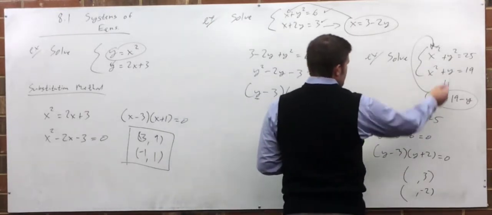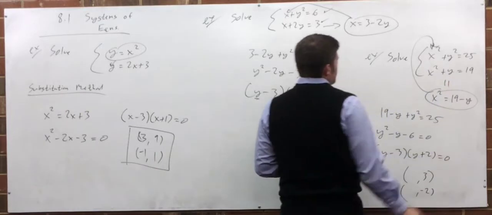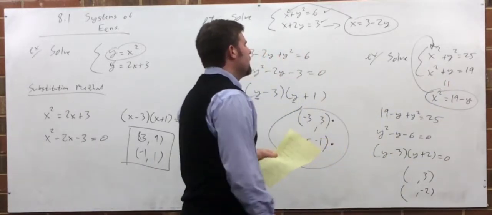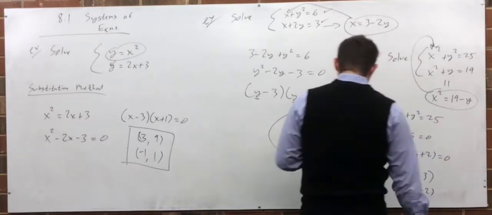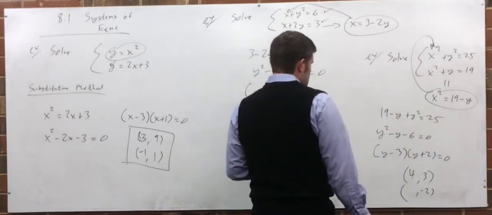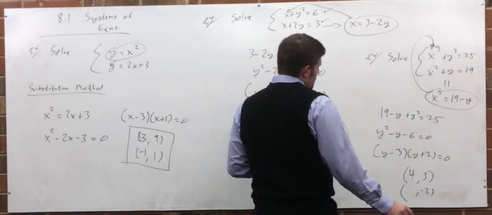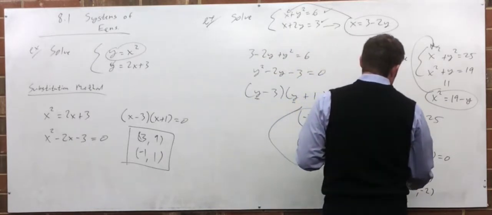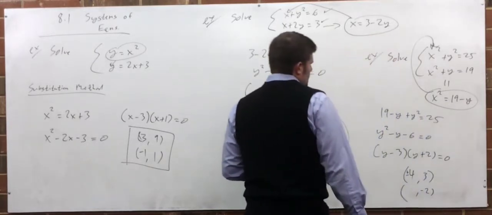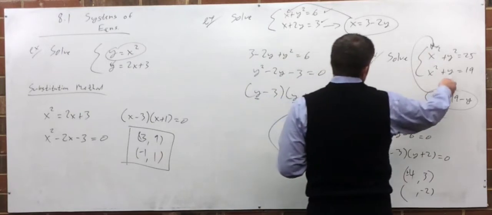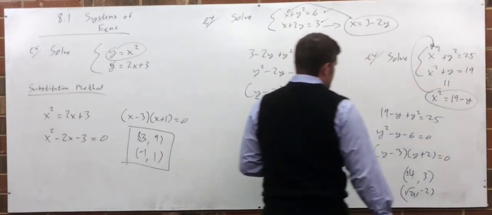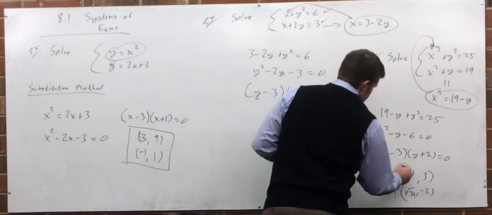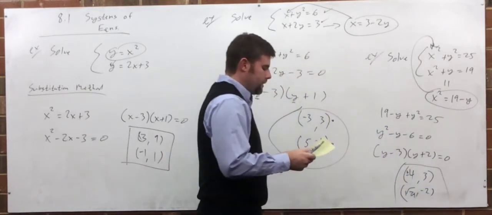So I'll plug this 3 in here, subtract. X squared equals 16. So x equals 4. Could be plus or minus 4. And then plugging in the negative 2 here, it's going to give me the square root of 21. Okay? And again, this is the solution to that system of equations.